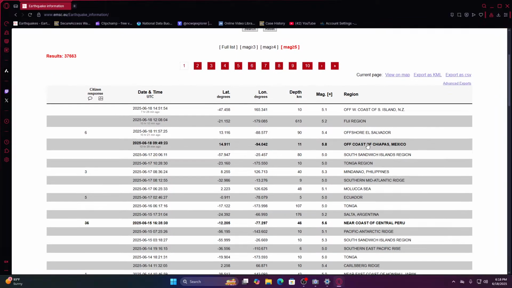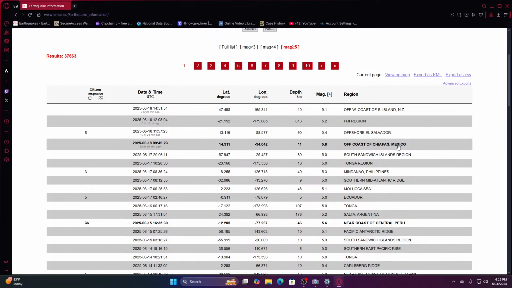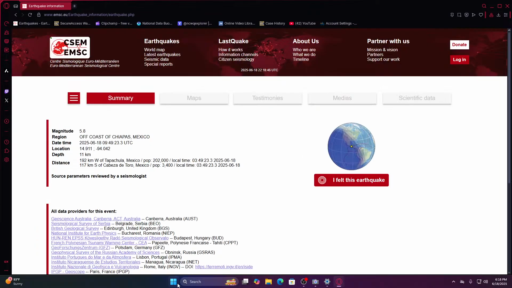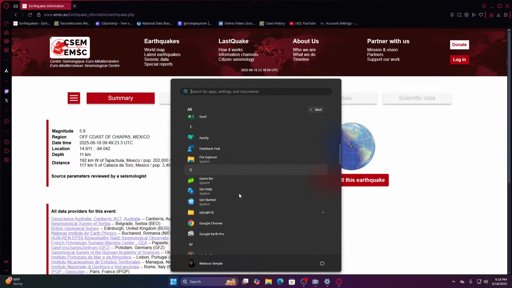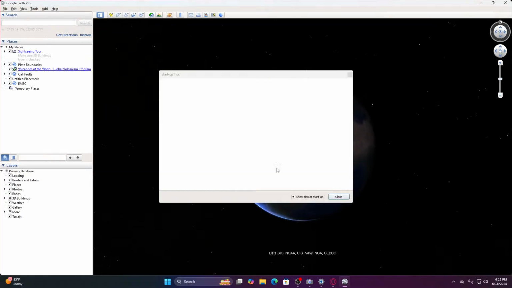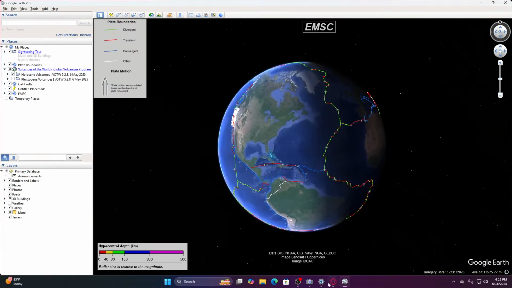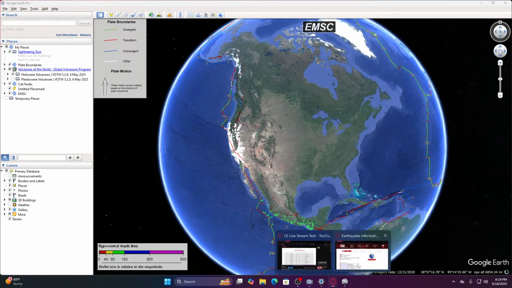And we'll see that there was a 5.8 off the coast of Chiapas, Mexico. And we're going to actually look at this earthquake on Google Earth. Because I look at a lot of earthquakes that occurred down in Mexico to see what might be coming up for California.